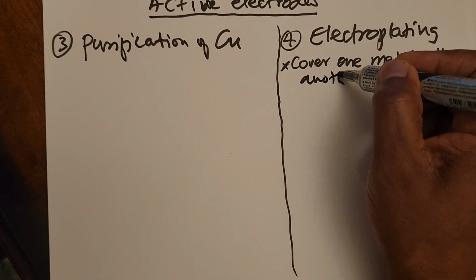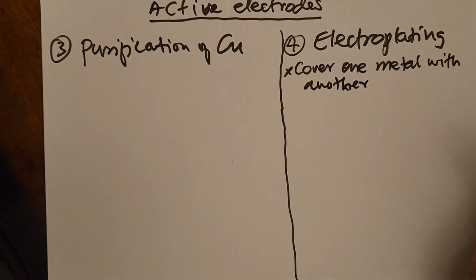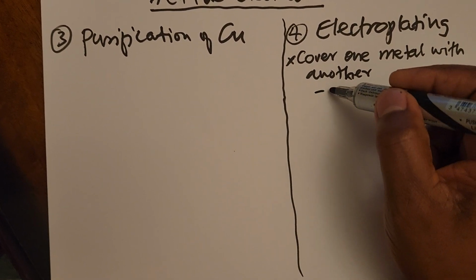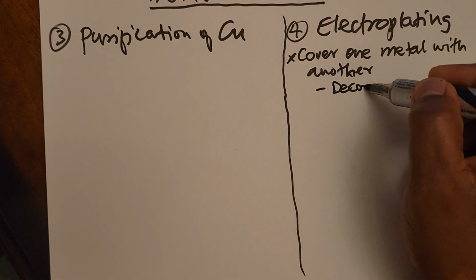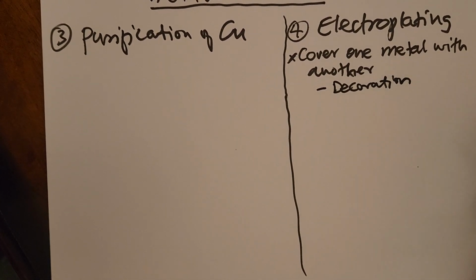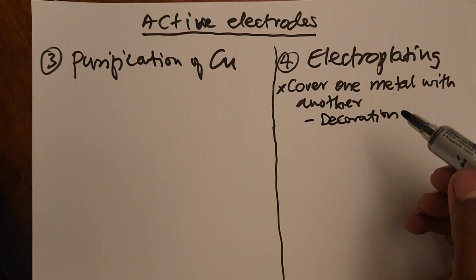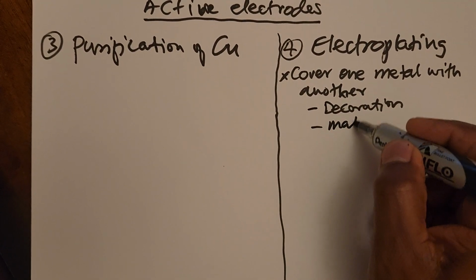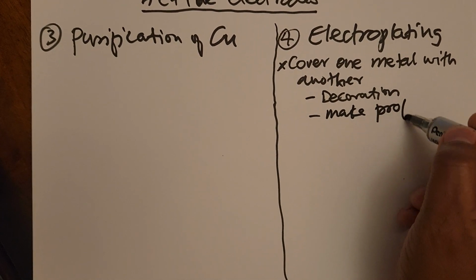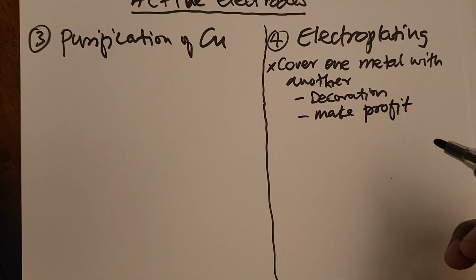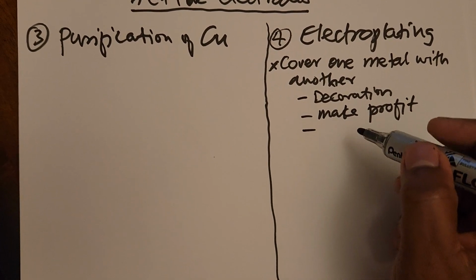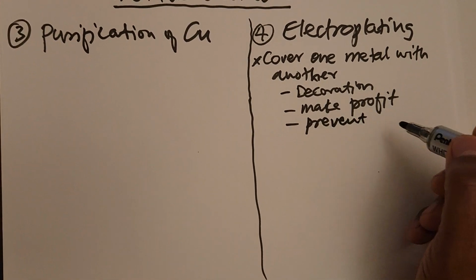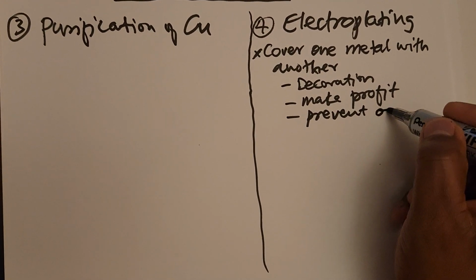This normally is done for decoration, to improve appearance, or you might be doing this to make business, make profit out of that exercise, you want to sell, or you might be preventing the other metal from corrosion. You might be preventing oxidation here.